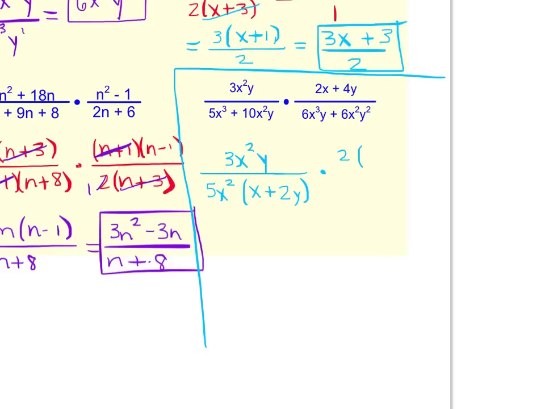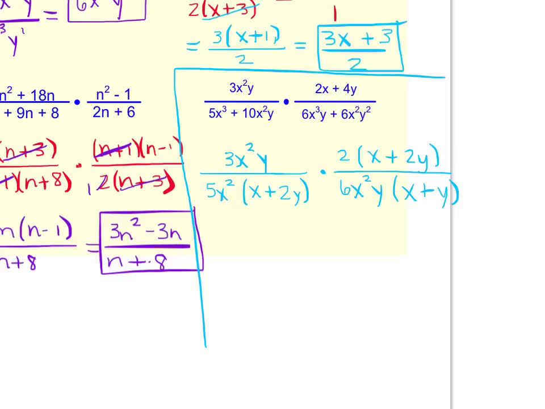That's our GCF, and we're left with an x plus 2y. Alright, in our denominator, our GCF will be 6x squared y. And that leaves us with an x plus y when that one is done factored.